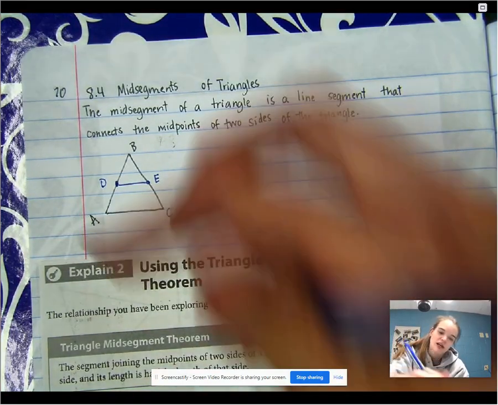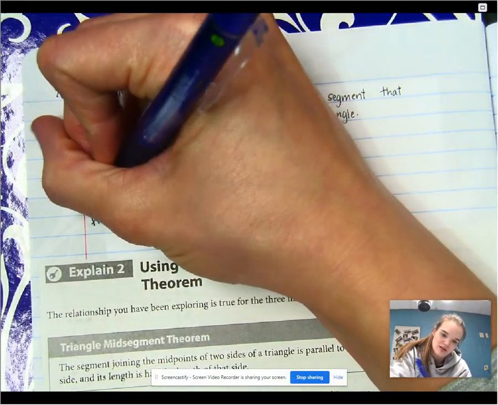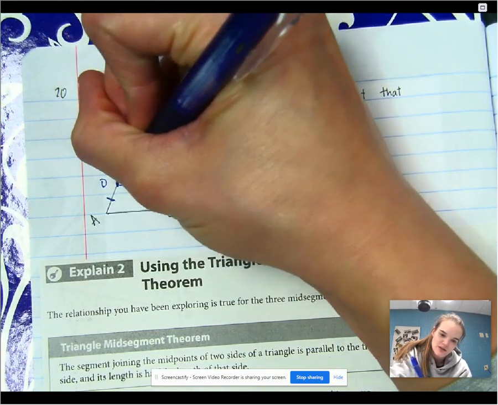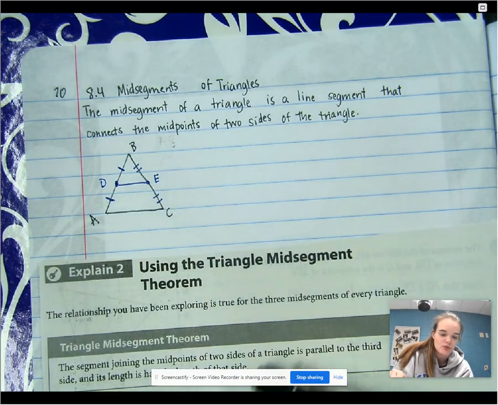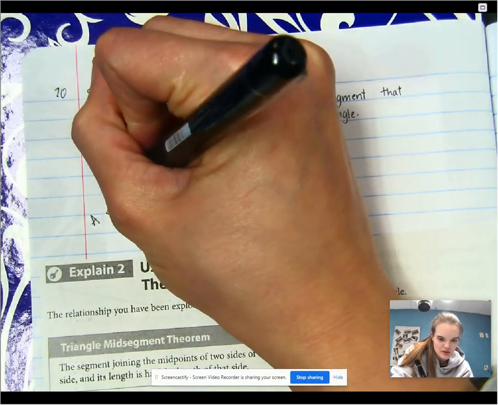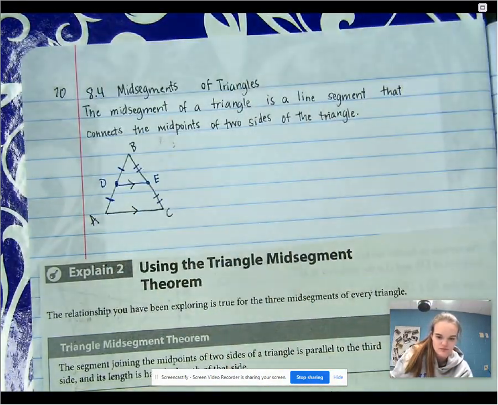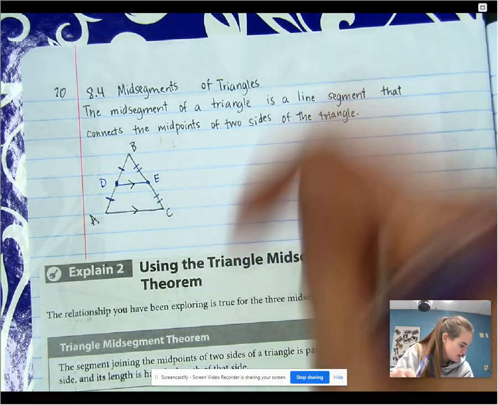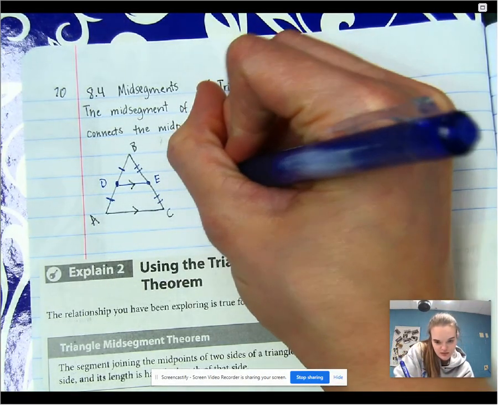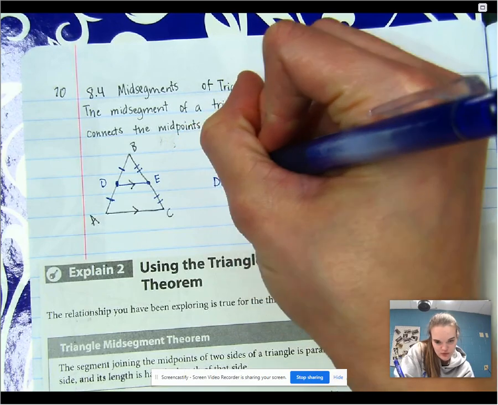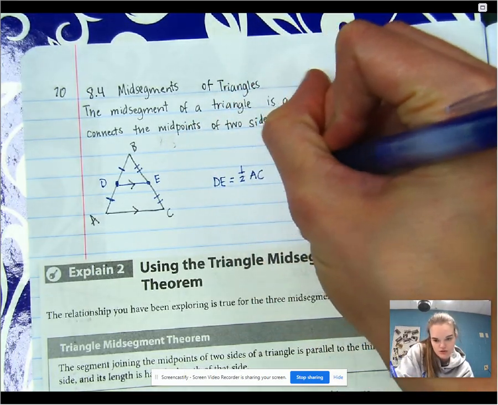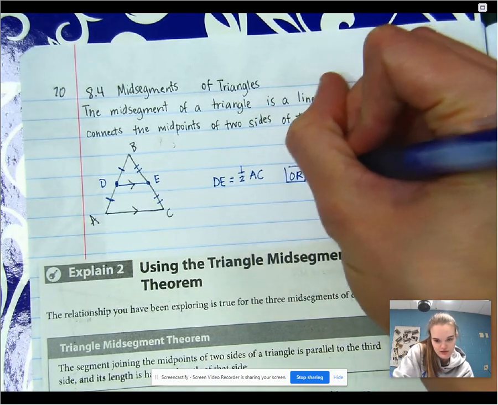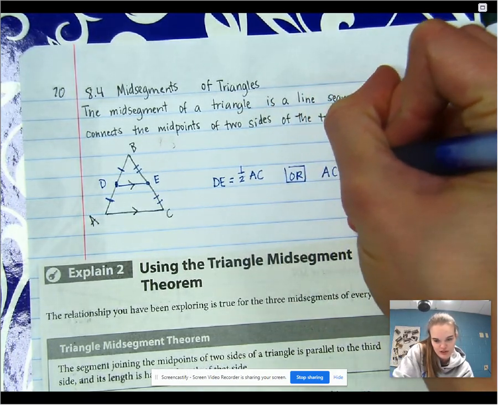Now, since it's cutting in half and it's the midsegment, that means this and this are congruent, and this are congruent because it's the midpoint, okay? Something else that's true that we're going to see in the theorem is that they are also parallel. Also, in the theorem, DE, which is the midsegment, is equal to half AC, or AC is equal to 2 times DE.